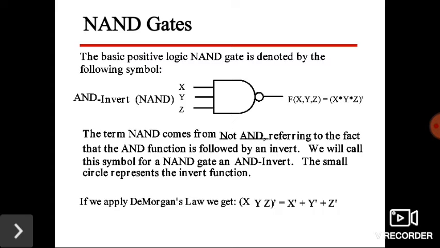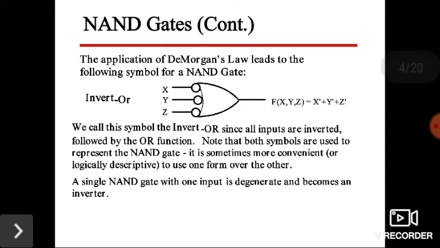If we apply De Morgan's law, we will get (xyz) the whole bar is equal to x bar plus y bar plus z bar. Then the application of De Morgan's law leads to the following symbol for the NAND gate. We call this symbol the invert OR, since all inputs are inverted using that bubble, followed by the OR function.